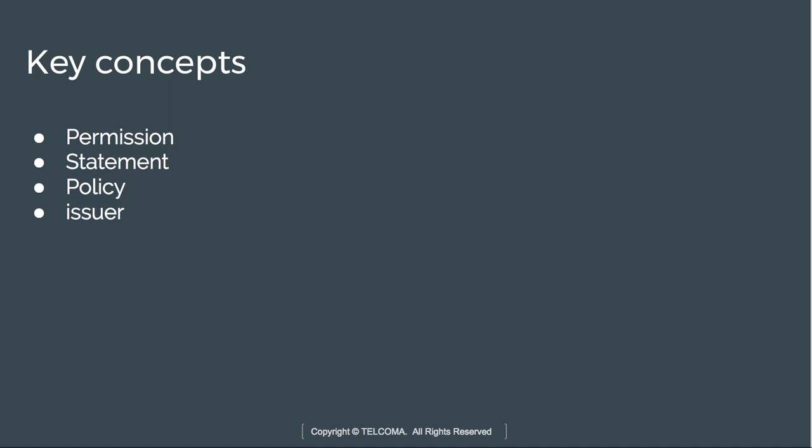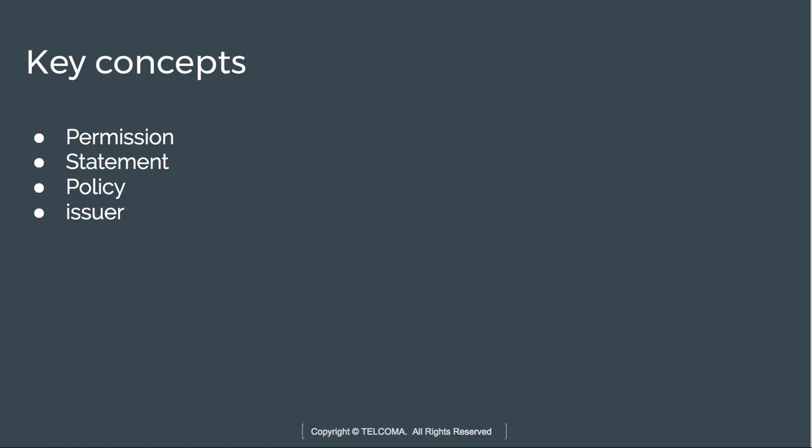Permission is a concept to allow or deny some kind of access. What is a statement? A statement is a formal description of a single permission, which is written in access policy language.